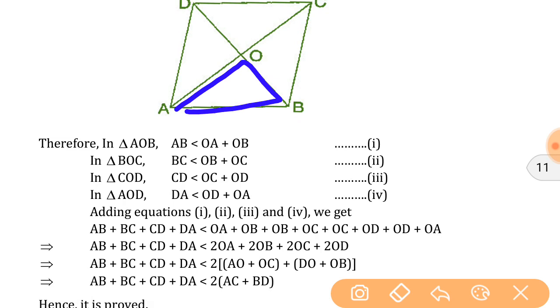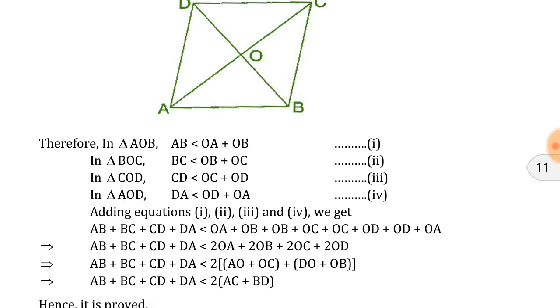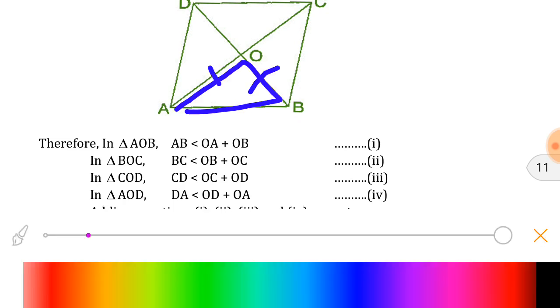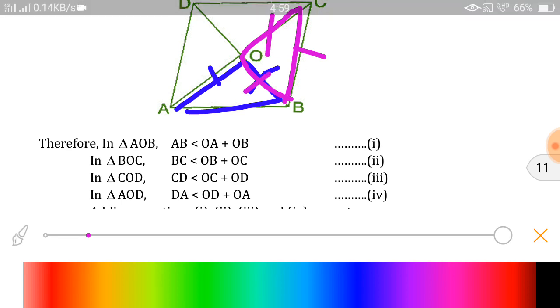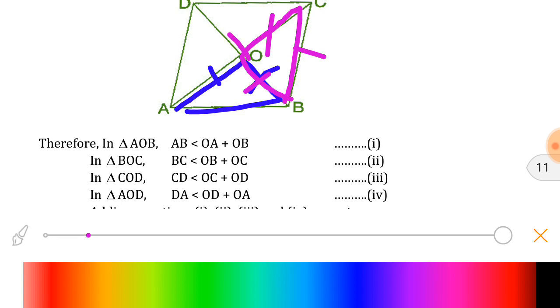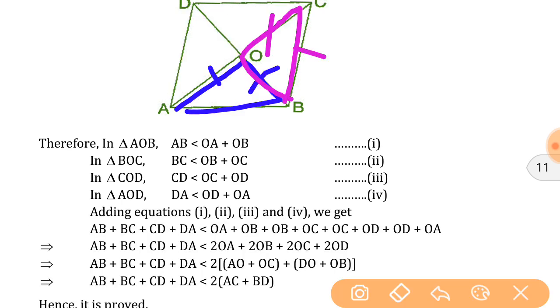AB is less than OB plus OA. In the same way, in triangle BOC, if you add these two, it should be greater than the third. Reversely it is written. So in the same way, all four different triangles we have taken into consideration.